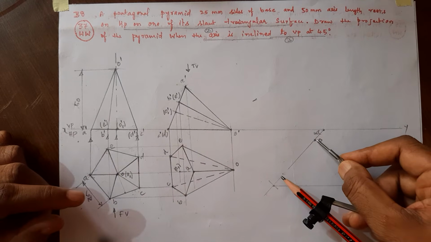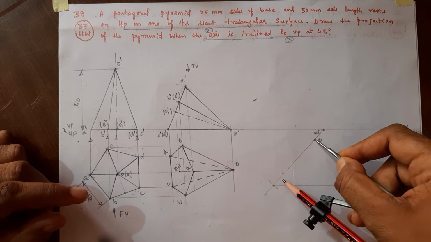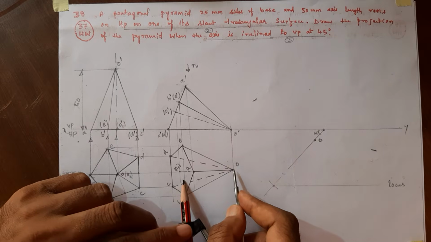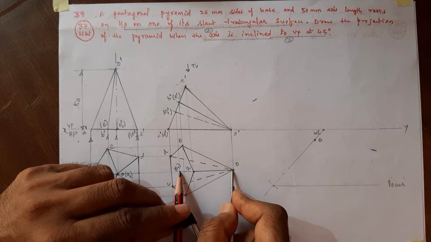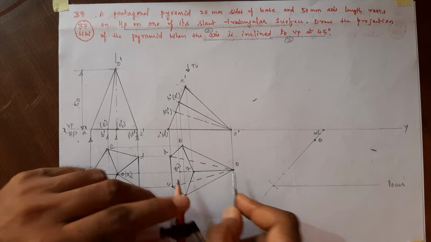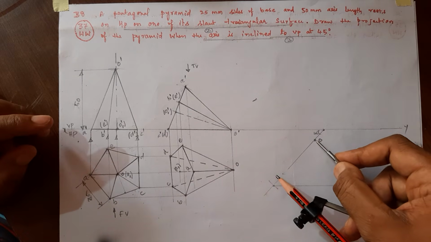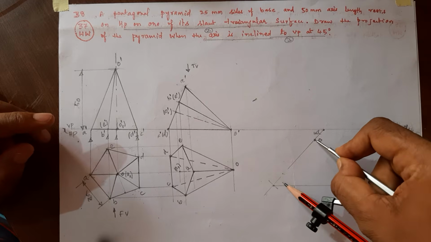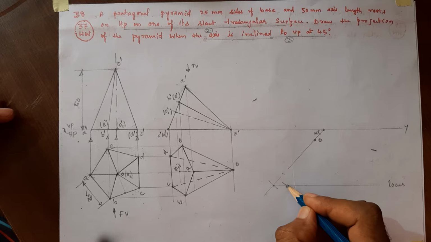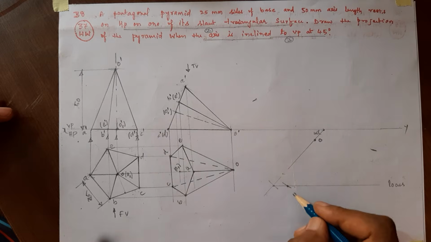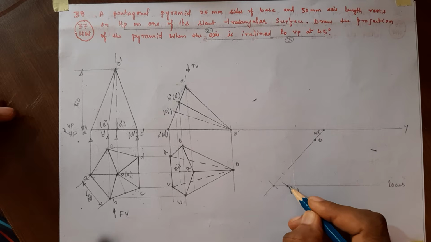Now keep the compass at this and cut here. Now keep the compass at O and cut the locus. Which point is that? This is O1 in the bracket.